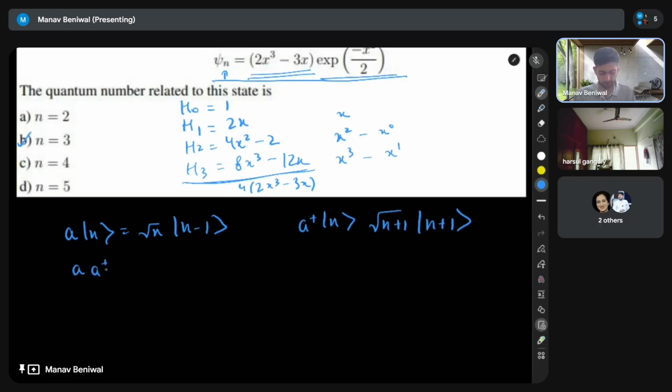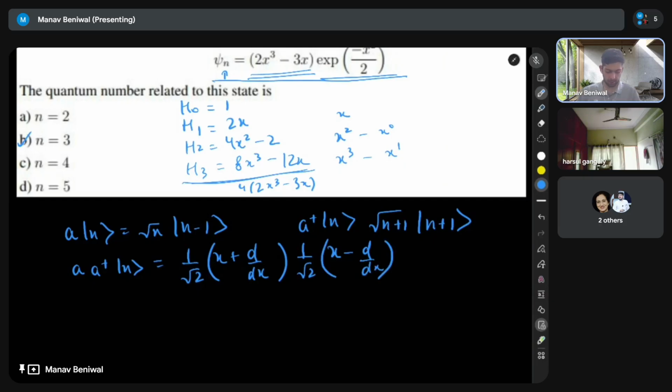Then we also know that a dagger is 1 by root 2 times x minus d by dx.